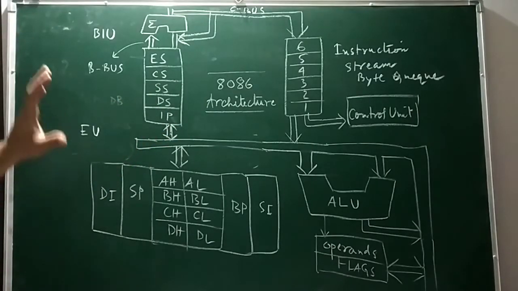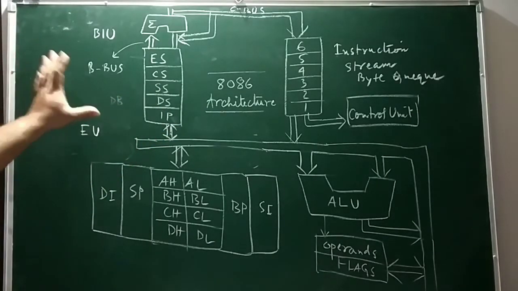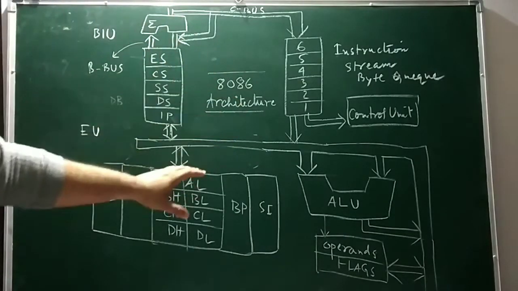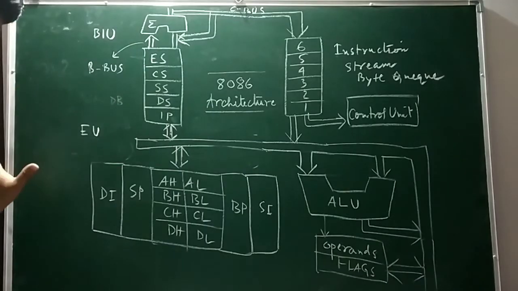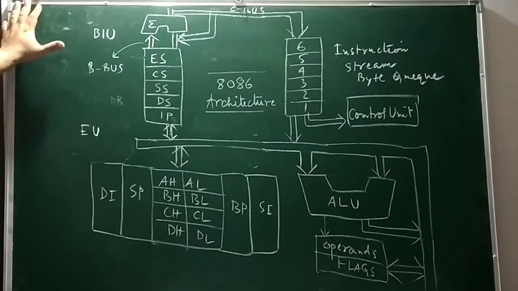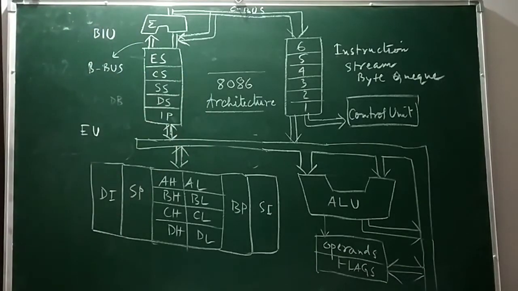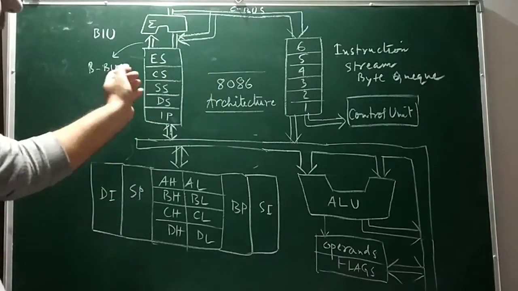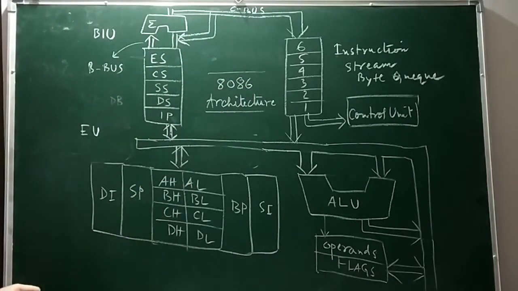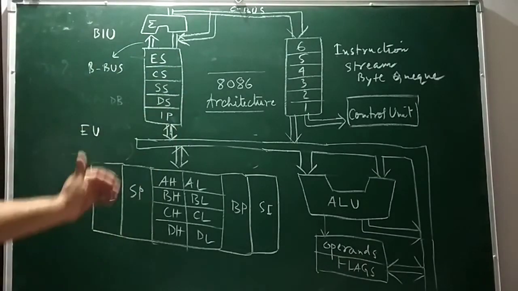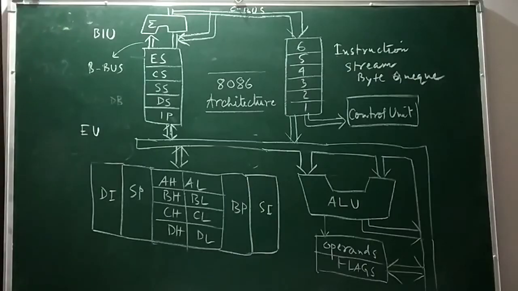And the bus interface unit sends out addresses, fetches instructions from the memory, reads data from input-output ports and memory, and writes data to output ports and memory.